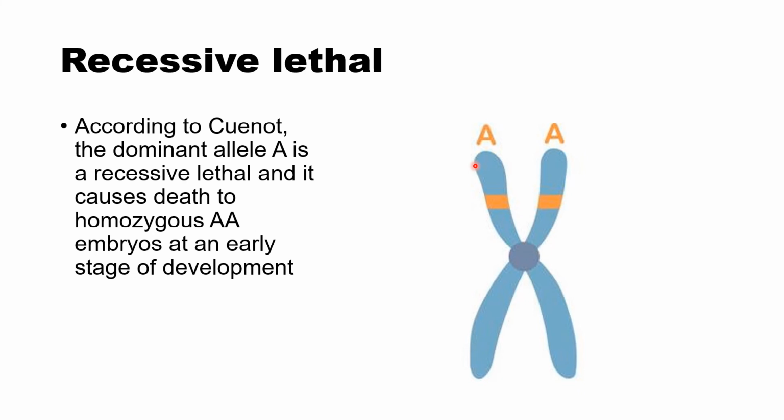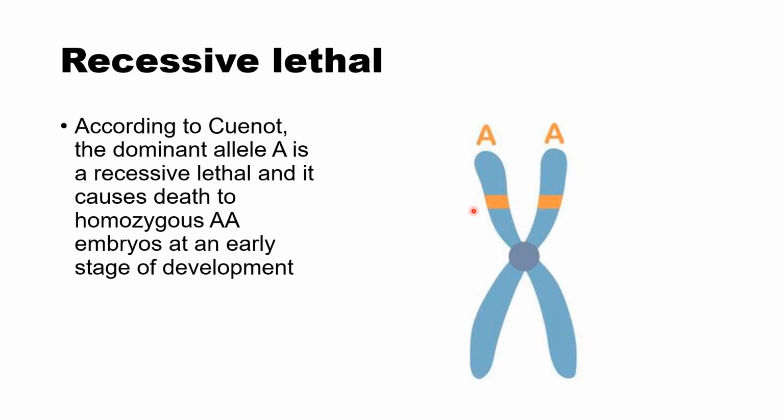So, according to Queneau, the dominant allele A is a recessive lethal and it causes death to homozygous dominant A. So, when this recessive lethal A becomes homozygous, or when there are two of them in a gene, it causes death.